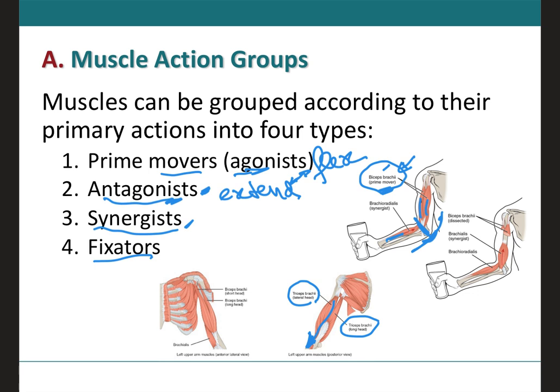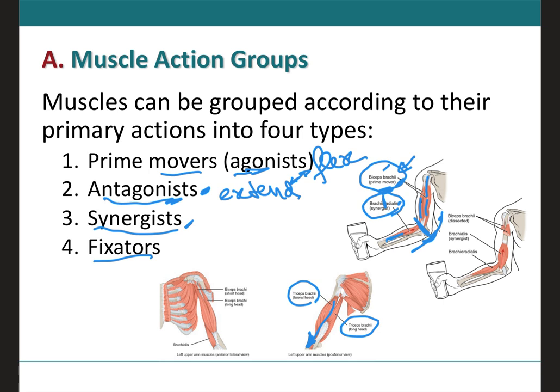The synergists, basically they're going to assist the prime mover in performing that action. With regards to the biceps brachii again, synergists are going to be, for example, the brachioradialis, which is a muscle, like the name says. It will originate on the brachium, which is the arm, and it will insert on the radialis, which is the radius.